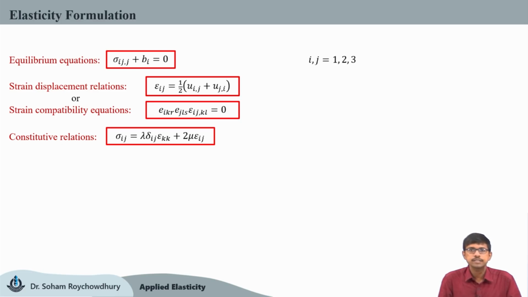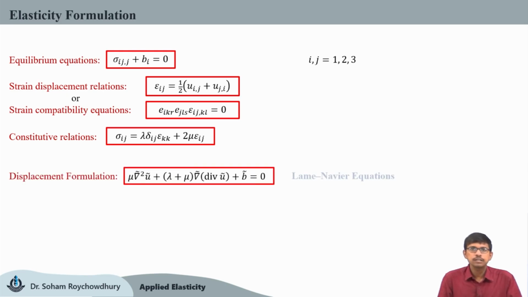The first one is the displacement boundary condition, where displacements are prescribed on the surface boundary, and the second type is the traction boundary condition, for which the surface traction values are prescribed on the boundary surface.